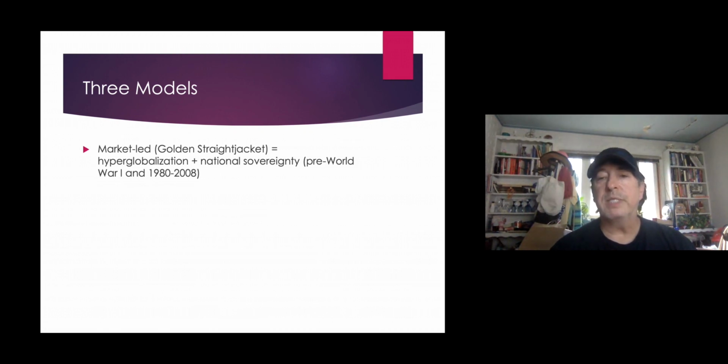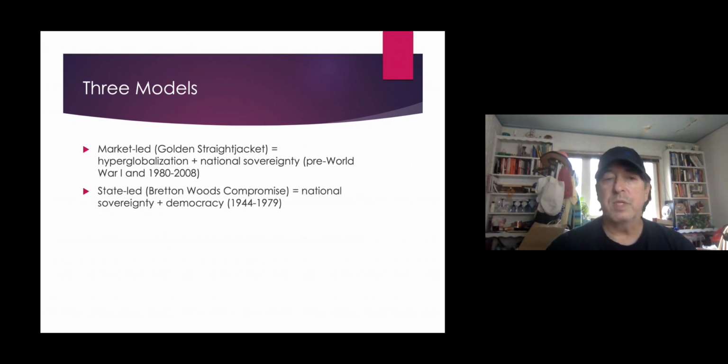That corresponds basically to the pre-World War I period under the British, and also to the period since 1980 when we sort of left the period of Bretton Woods system and moved into an era that focused on free markets up until about 2008 when the financial crisis disrupted that model.